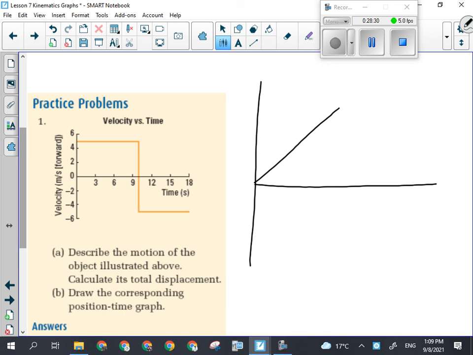It's showing me the position changing by the same amount every second, in this case, 5 meters every second. Now, in order to know exactly where this line should end up, I know that it's over 10 seconds, so this would stop here at 10 seconds. Time would be on this axis.